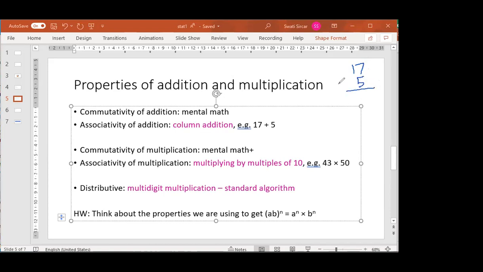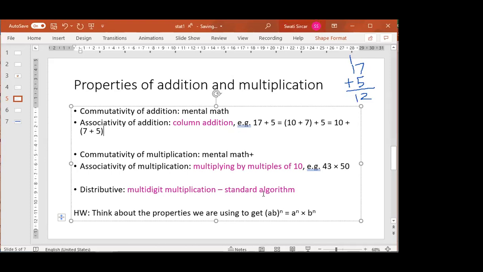When we teach them to do this, what do we do first? We add 5 and 7 and get a 12, which we put down like this, and then add this. So in a way, what we are doing is thinking of this as 10 plus 7 plus 5, and not adding the 7 and 5 together.